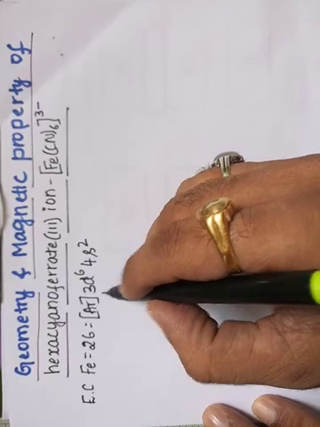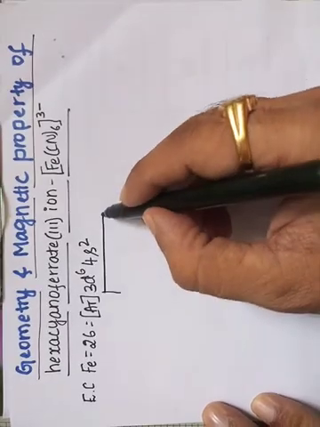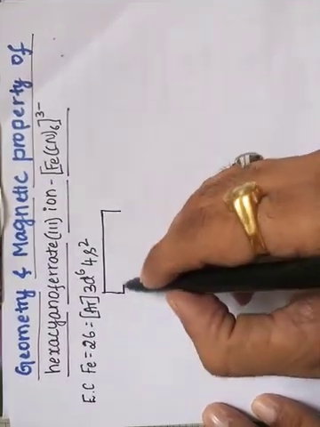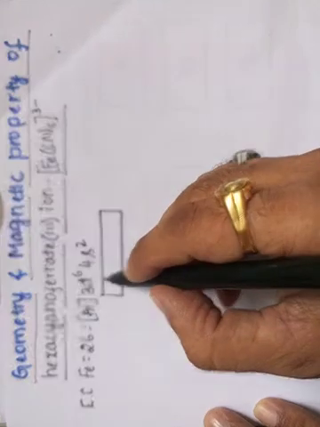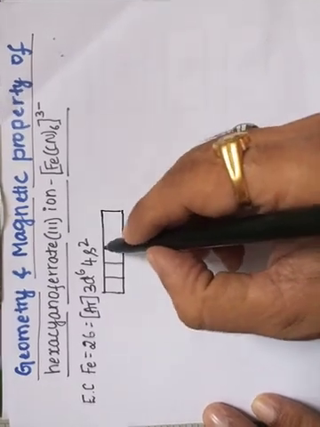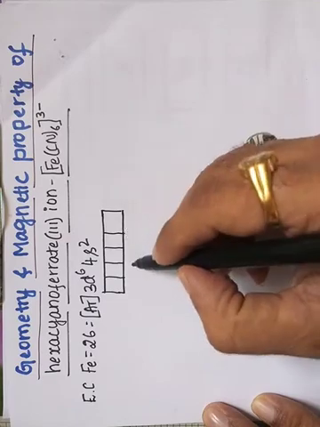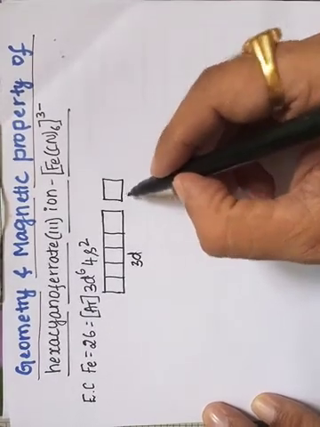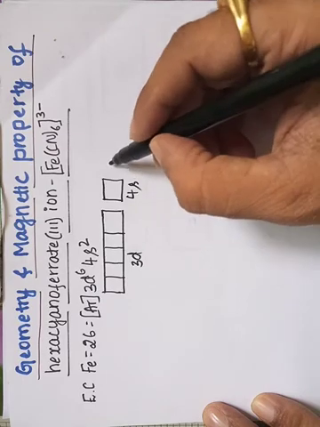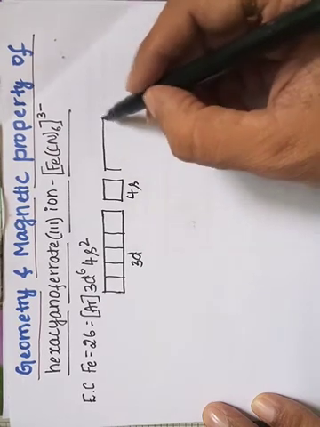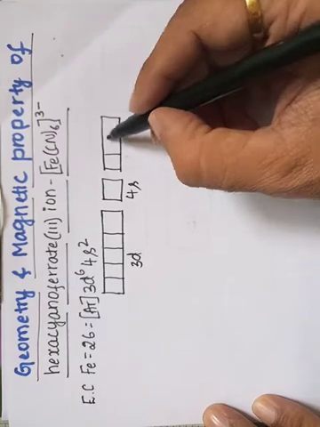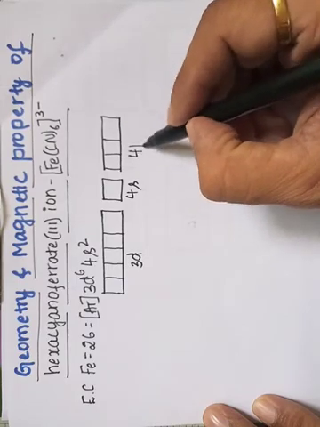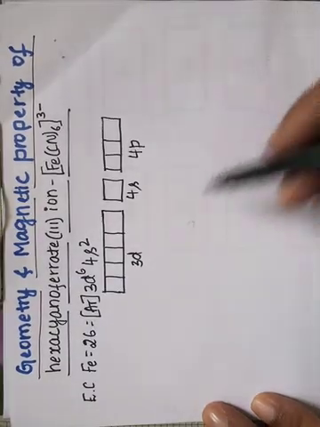If you write it in box representation, this is the 3d orbital, the 4s orbital, and the 4p orbital.